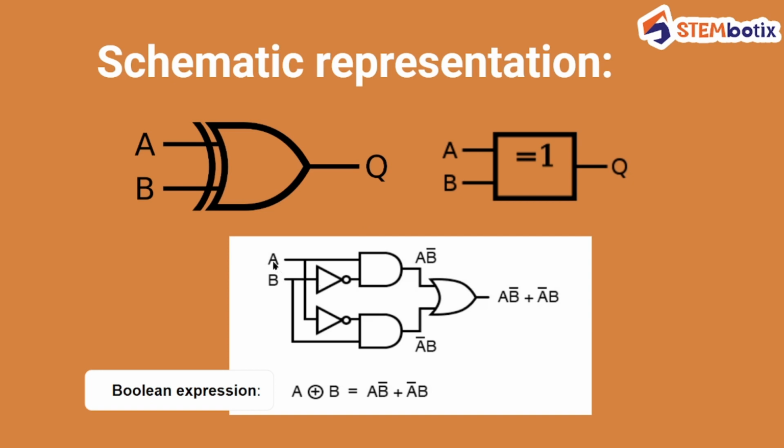So first, input A is fed to an AND gate and to the NOT gate of the other AND gate, and input B is fed directly to one AND gate and first to a NOT gate and then to the other AND gate. So this is how your XOR operation is made as A B bar plus A bar B.